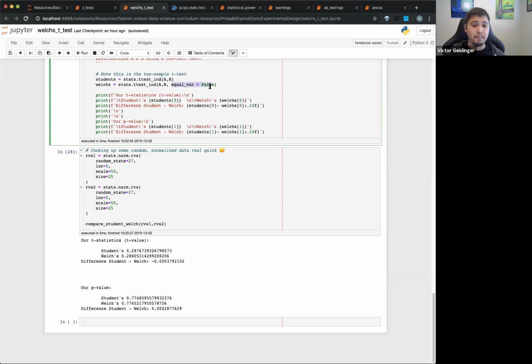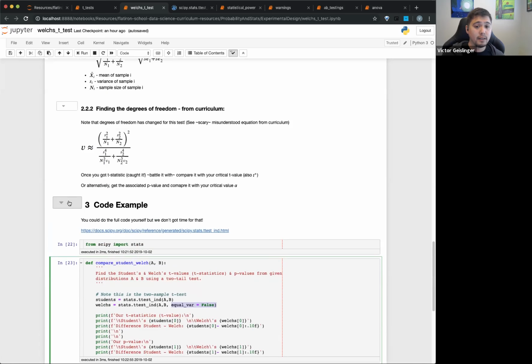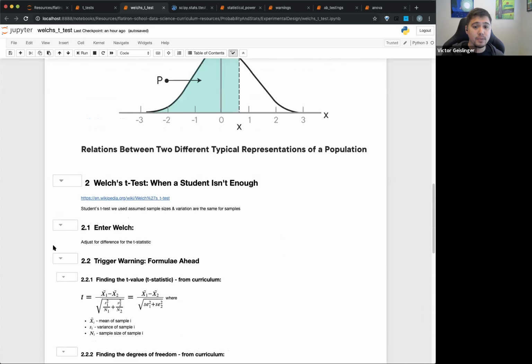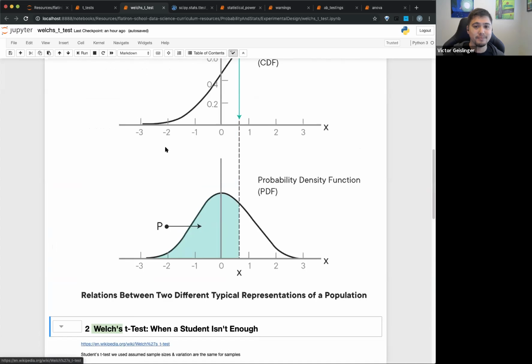So it's like nothing. And if you're wondering about compute time, it's about the same. So even if you have very, very large data sets, you would probably be fine either way. Cool. All right, so that is our Welch's t-test. So use Welch's.